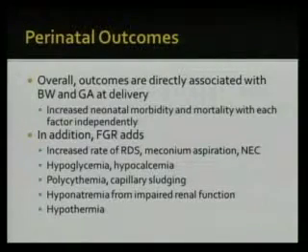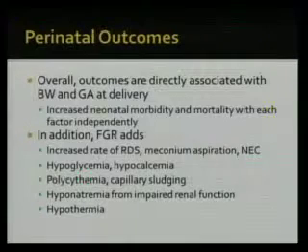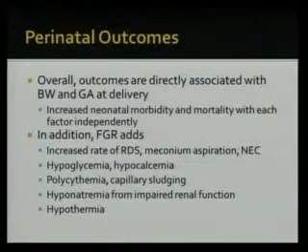Perinatal outcomes that are associated with growth restriction. Overall, like I said, the outcomes are directly associated with the birth weight of the baby and the gestational age at delivery. We know that there's increased neonatal morbidity and mortality with each factor, low birth weight and small gestational age. But fetal growth restriction adds another factor on top of that. It's not just about gestational age.